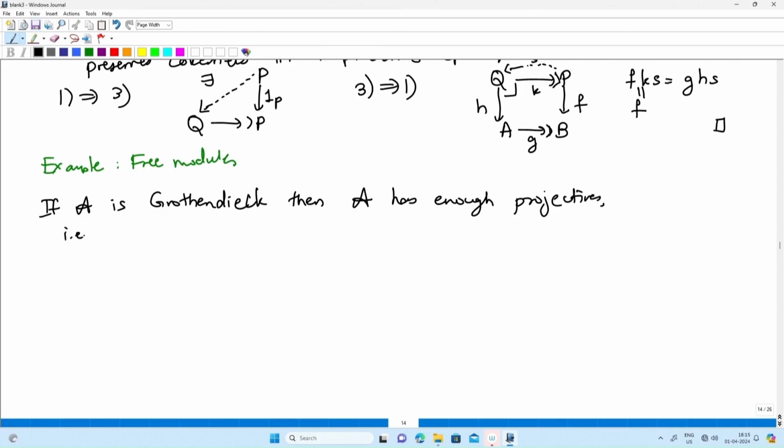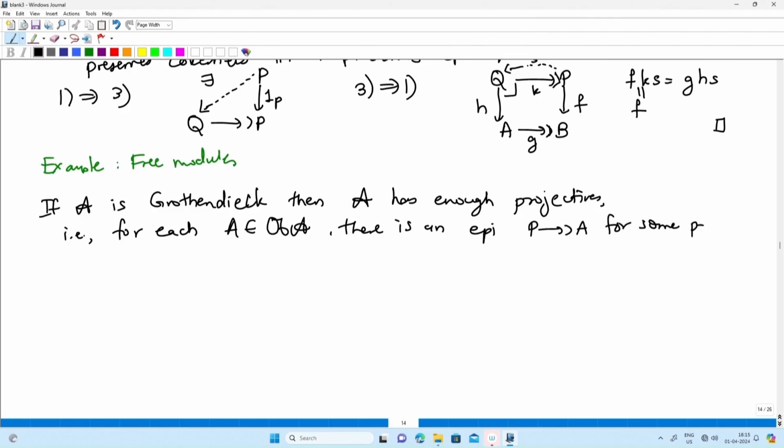That is, for each A in the category, there is an epimorphism from some projective P to A. In a normal scenario, like in a module category, you can always do it by taking a free module. A free module always covers a given module.